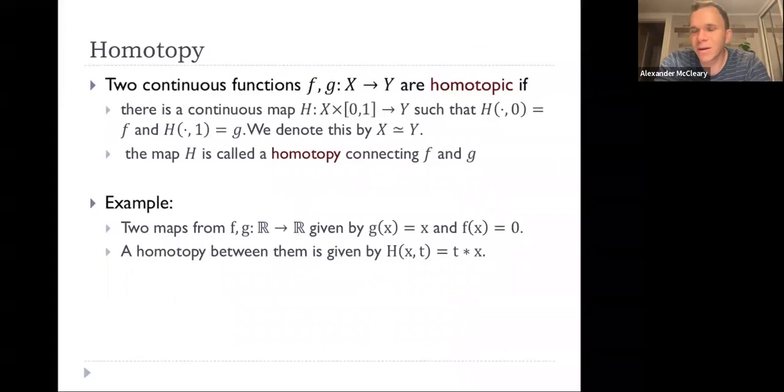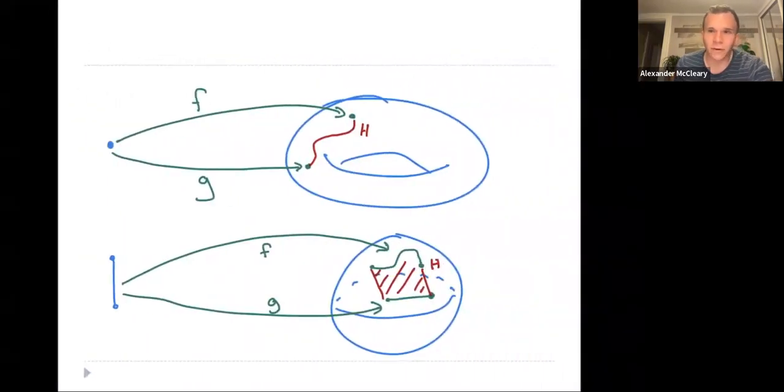So the next type of continuous map we're going to talk about are homotopies. You can think of a homotopy as a path between two morphisms. In fact, we can make this explicit as well. Let me give you some intuition first before we go into the detail. I just want to focus on this top picture right now.